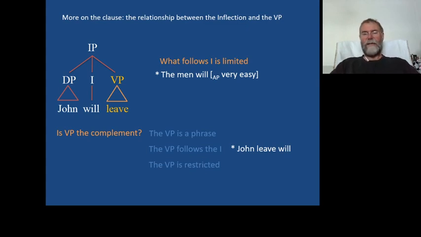And as we've just seen, the VP is restricted. It's a very limited set of possibilities that can appear there, and therefore that would suggest again that this is another property that it has in common with complements. So all of the evidence points to the conclusion that the VP acts as the complement of the inflection.